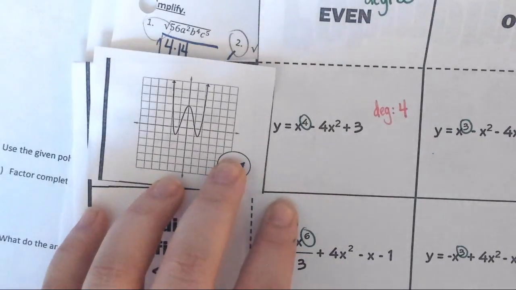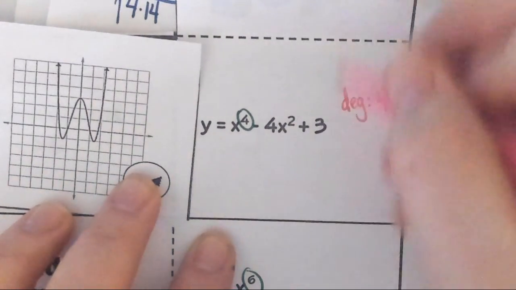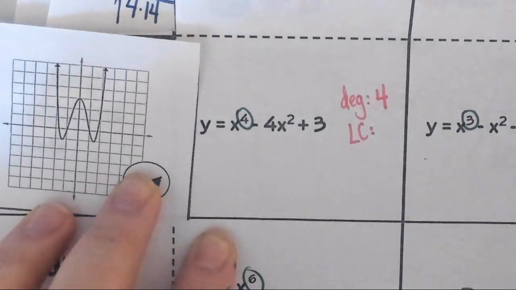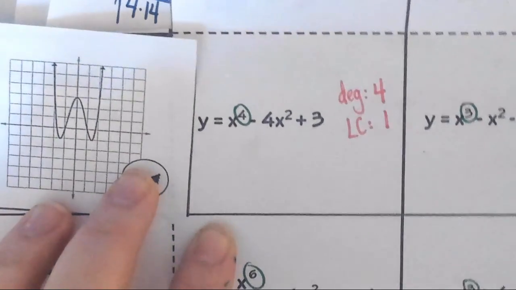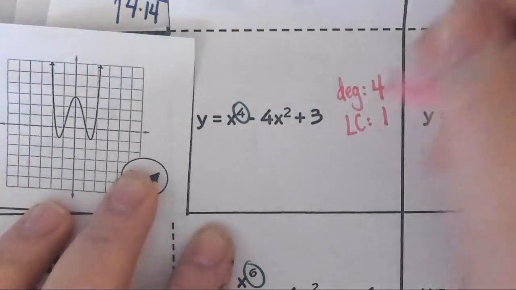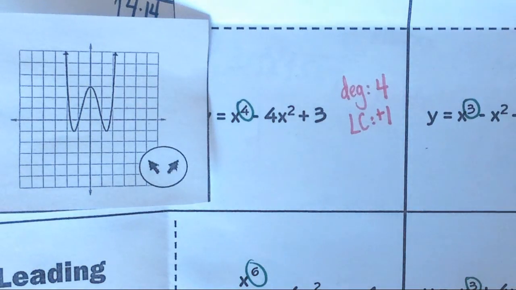What else have we been putting on our list? The leading coefficient. Tell me about that leading coefficient. Be very specific. It is 1, but it's... Give me a sign. Is it positive or negative? It's positive. Thank you.